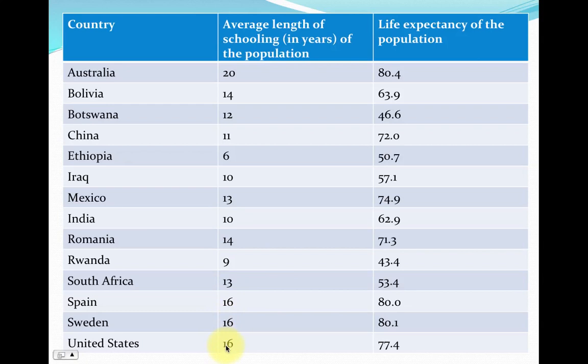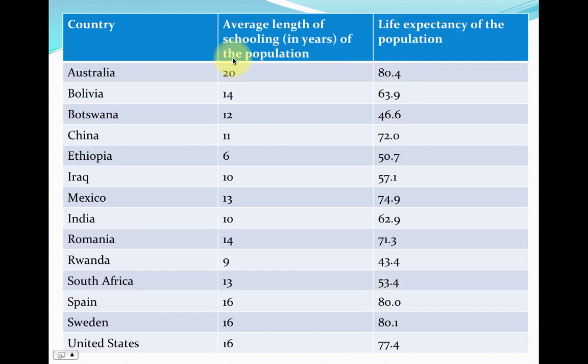Spain, Sweden, United States. So this is the average length of schooling, the number of years that the population generally will attend school. And then we have the life expectancy of the population. We have some high values, some low values, some average values.